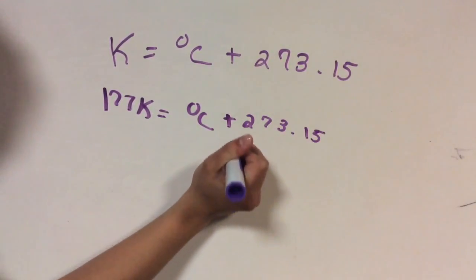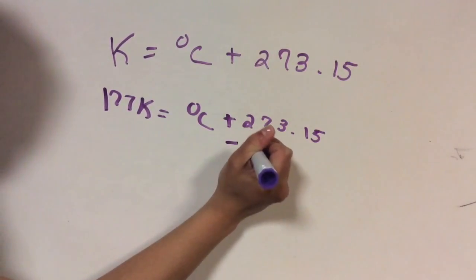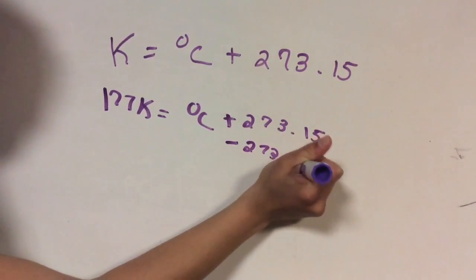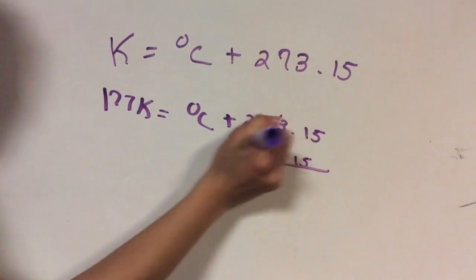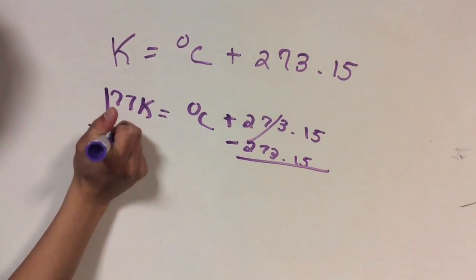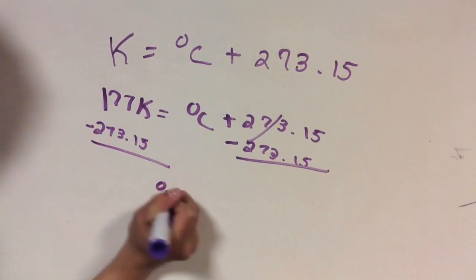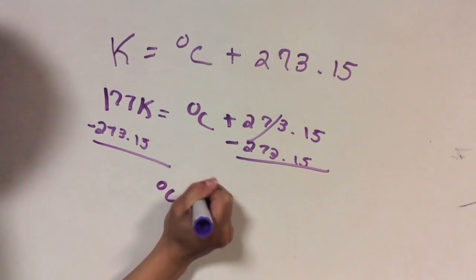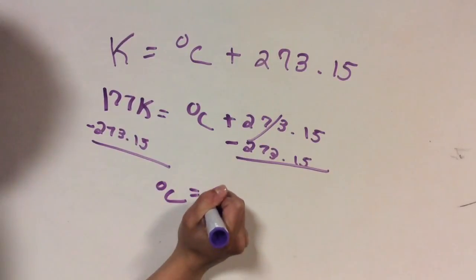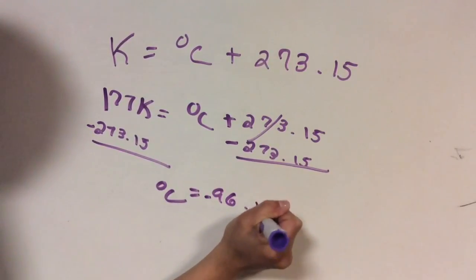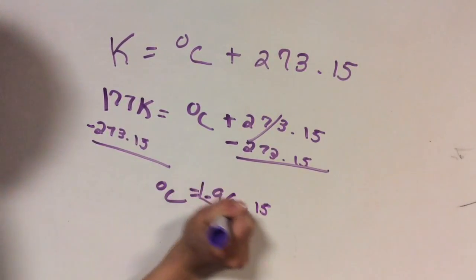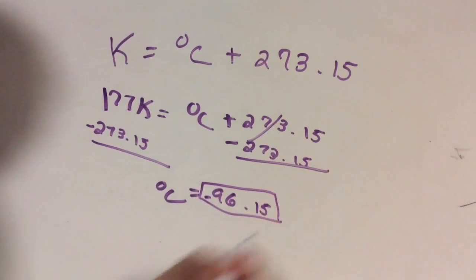And you're going to subtract 273.15 from both sides, so minus 273.15 minus 273.15. And you're going to get degrees Celsius equals negative 96.15. And that's your final answer.